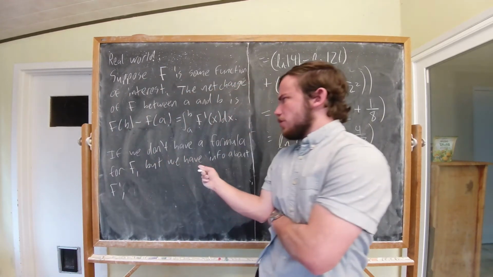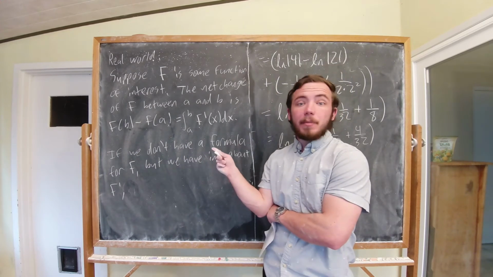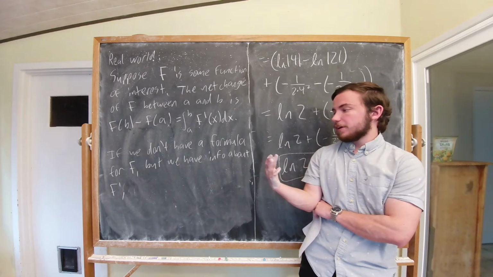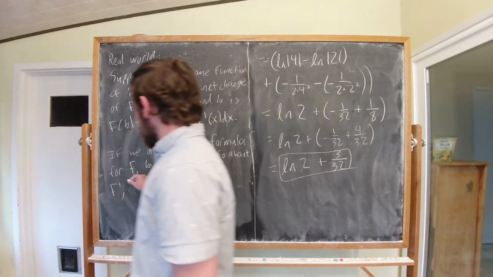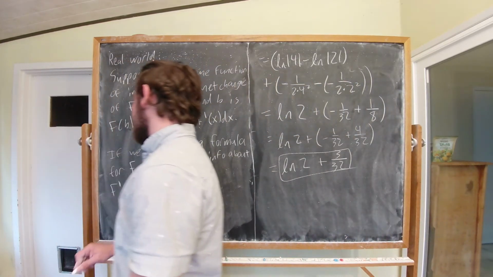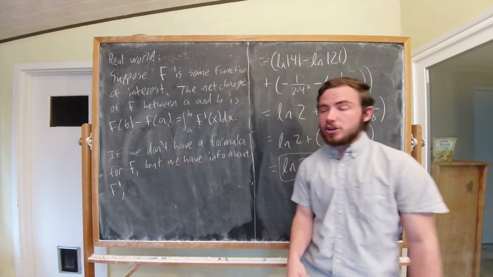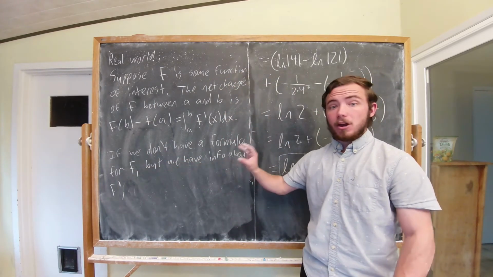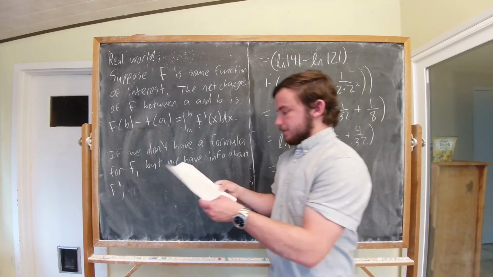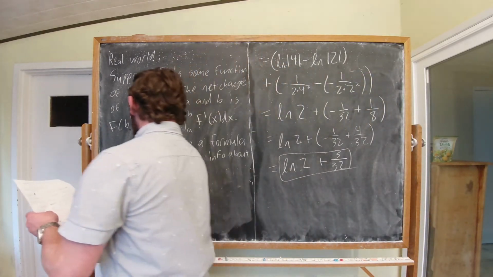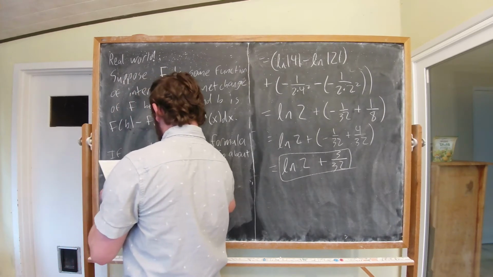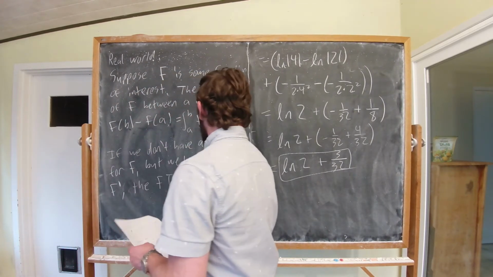So let's say I don't know cost, but I know marginal cost. I don't know profit, but I know marginal profit. Maybe I don't know velocity, but I do know acceleration, right? If I have information about F prime, but not about F, the fundamental theorem of calculus lets us get what we want.